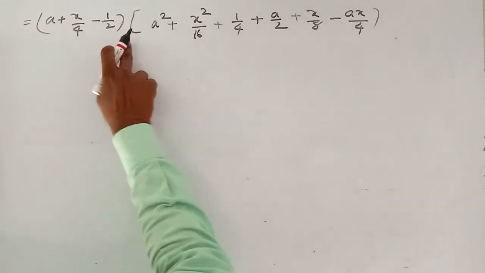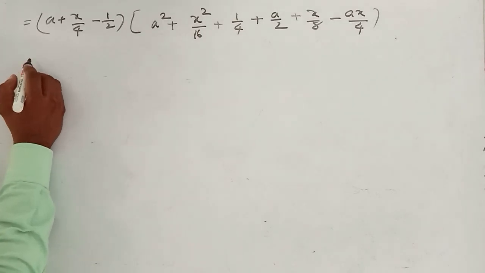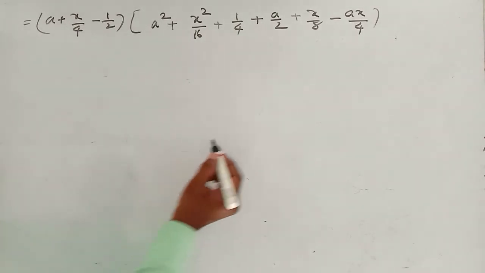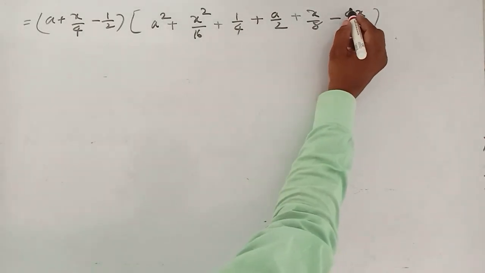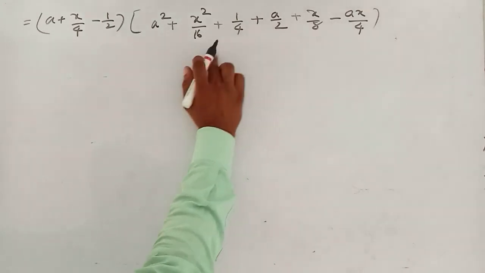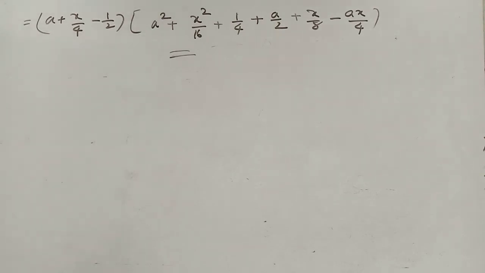I am taking this total common, then I am going to get this value. This is the solution. I am writing in order. This is the solution for the factorization.